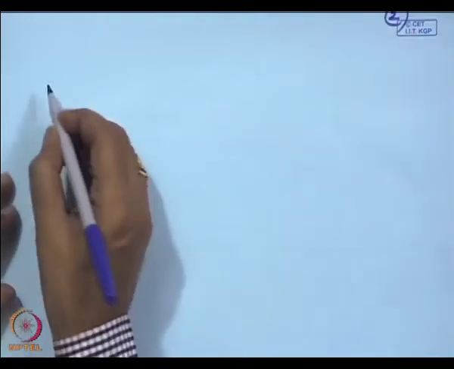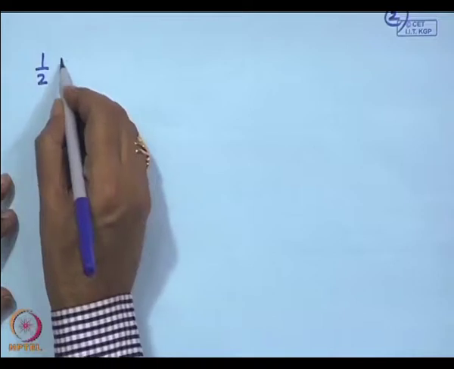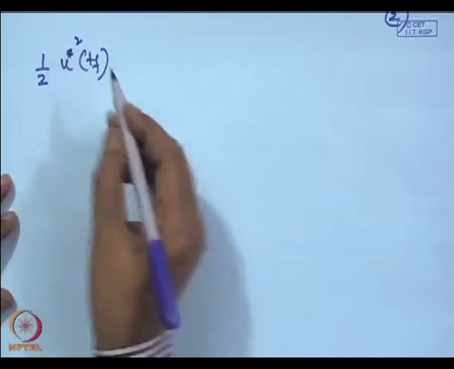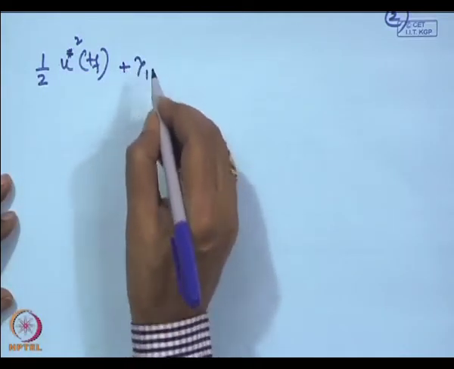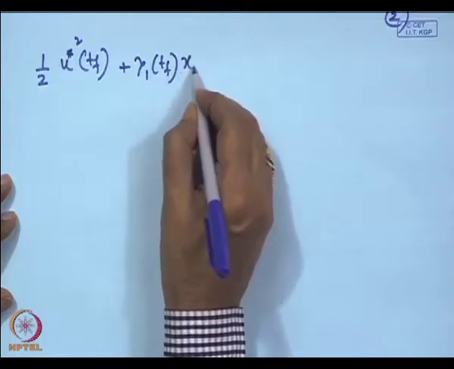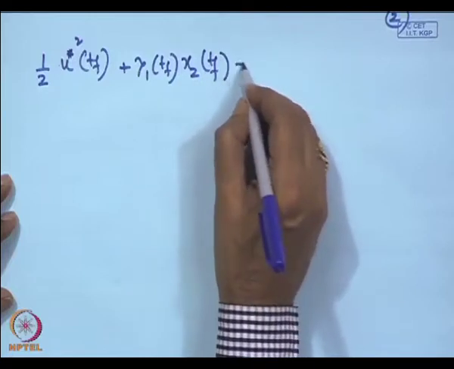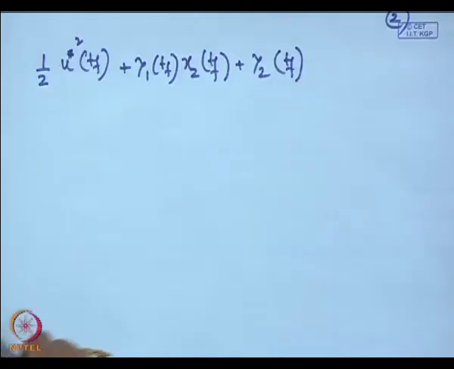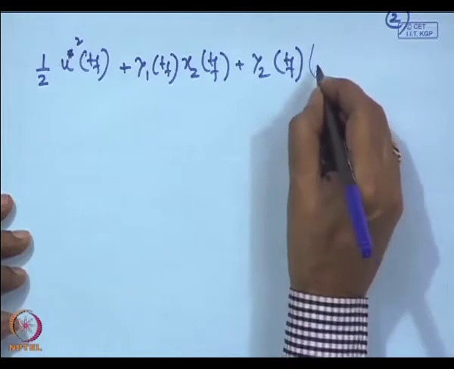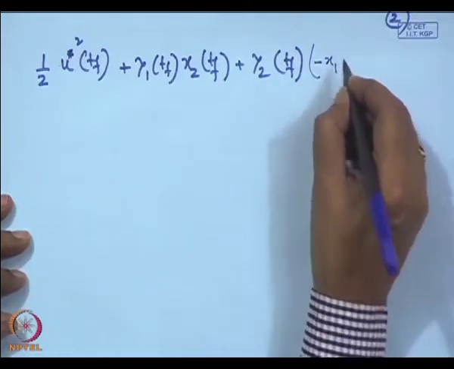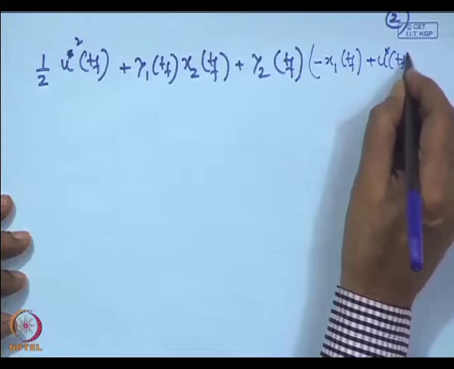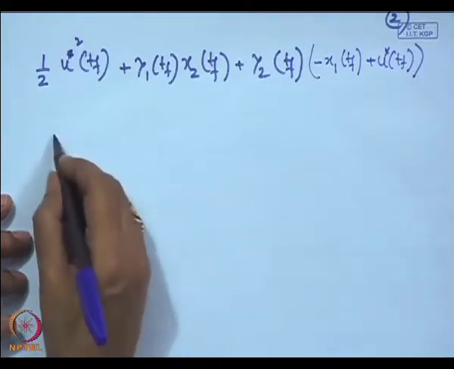So, if you write this equation next, the Hamiltonian at u star square T equal to T f, the optimum value of the input we have to find out, is lambda 1 T f into x 2 T f plus lambda 2 T f into minus x 1 T f plus u star T f, this bracket closed, then lambda 3.